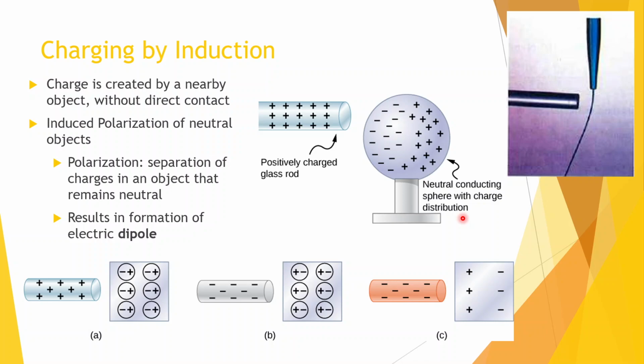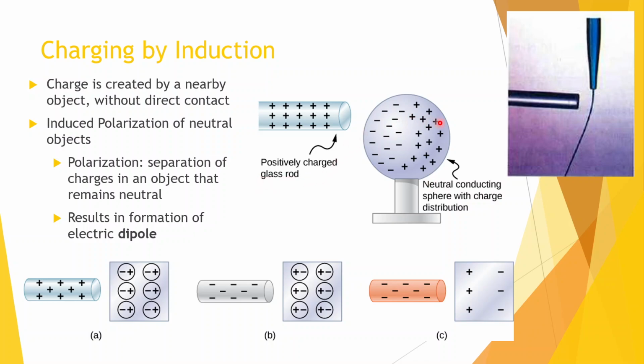All right, so we can start to talk about charging by induction. And so this is going to be charge that's created with a nearby object, but does not come in direct contact with it. So, for example, if we have a neutral conducting sphere with charge distribution, we have pluses and minuses all along it, and then we bring over a positively charged rod.